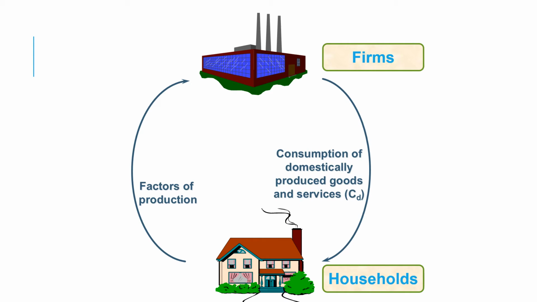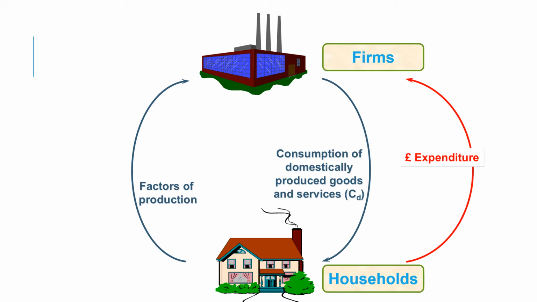Okay, so that's the flow of stuff, if you like, of goods and services and factors of production. We can also now attach money to this. So when households consume goods and services, there is money that flows in the other direction, and we would call that expenditure. So households spend money, and that money goes to firms. Now, if you think about it, what then happens to that money within a firm?